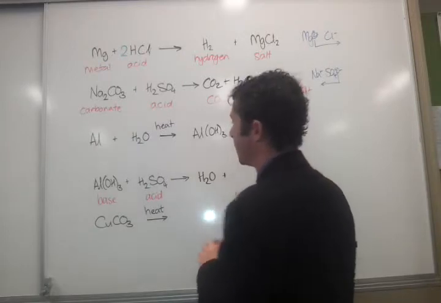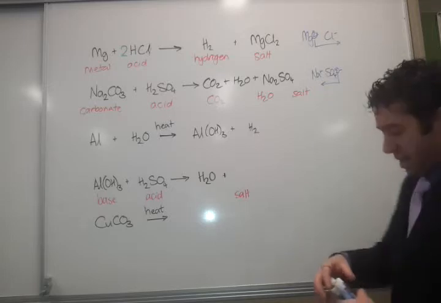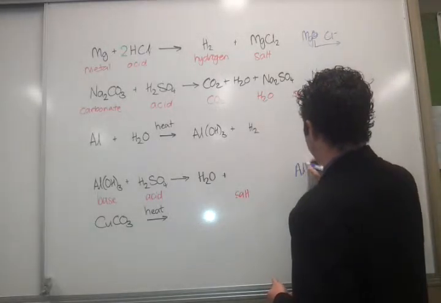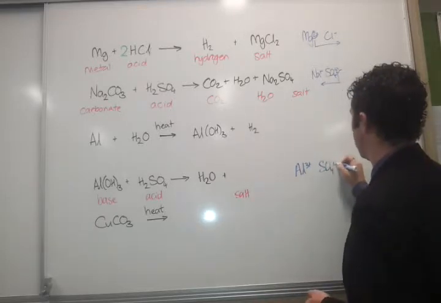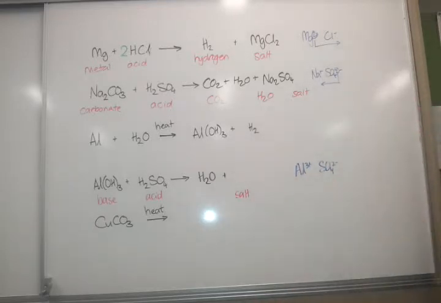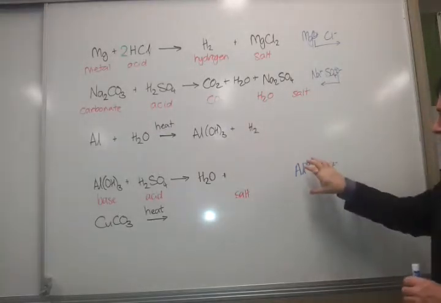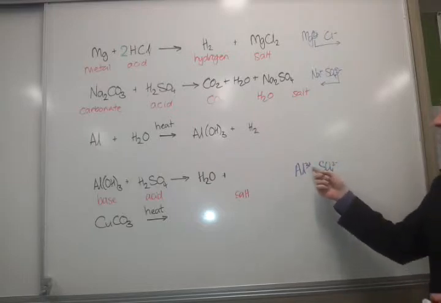Alright, so we need to work out what that salt is going to be. This one's a little bit harder to balance for the salt's formula, that's why I put this one up here. Because aluminium, if we look on our table, is 3+, and sulfate is 2-. Well, neither of those cancel out. So actually what you need to do is find the lowest common multiple, which means times two numbers together.